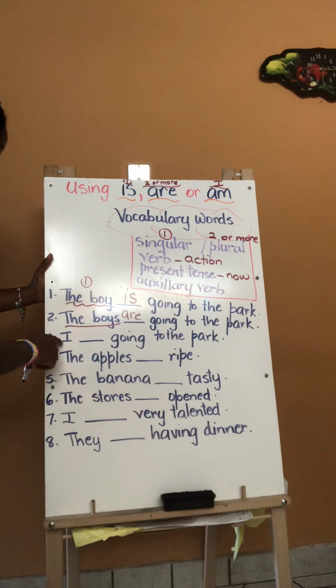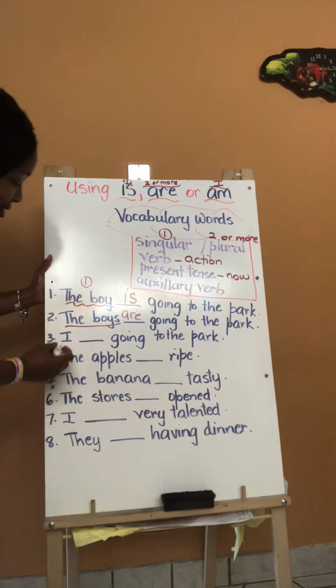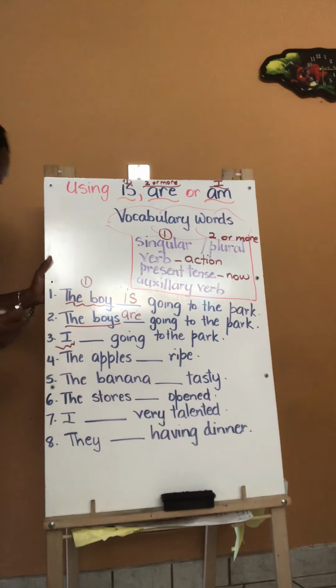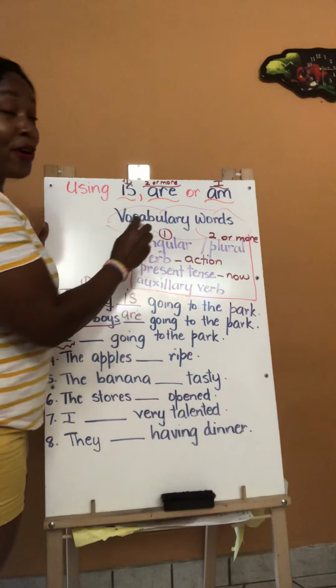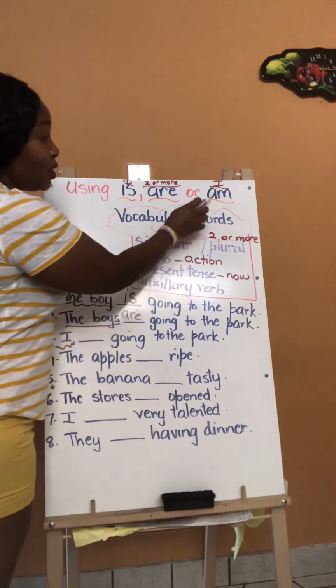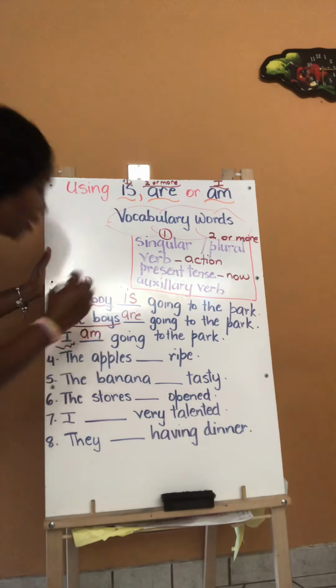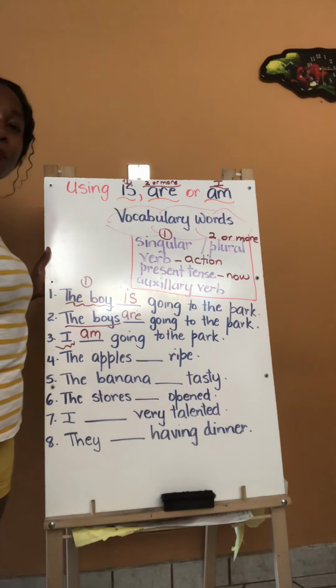Next, I blank going to the park. Now, who is going to the park? I. Remember earlier we said when we're using the word I, we use am. So I am going to the park.